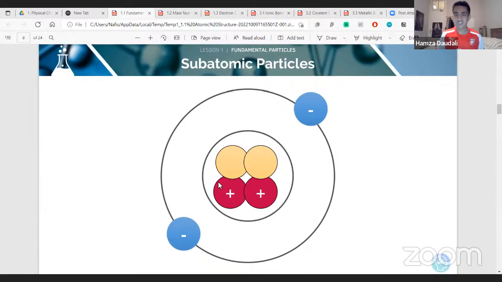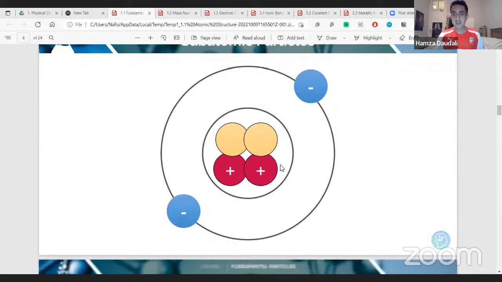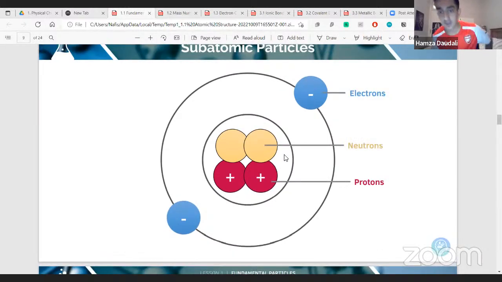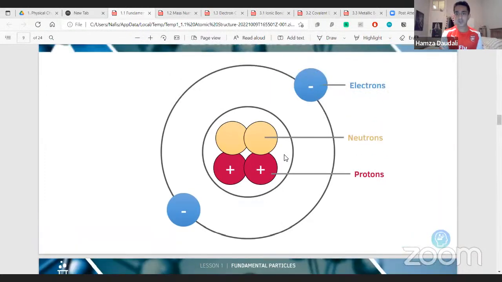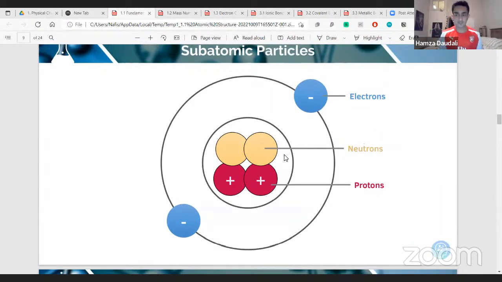Now, there are things smaller than subatomic particles, which we're not going to talk about because it's not part of the chemistry specification. But these are the smallest things that we're working with. And these are protons, neutrons, and electrons. So what is the charge on an element?